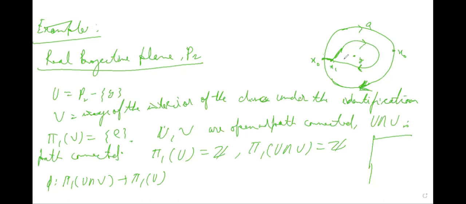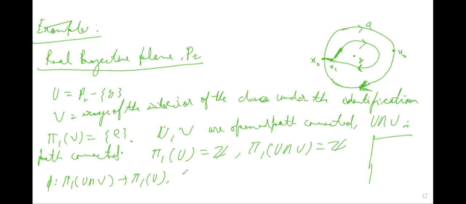So if the class of this loop A is given by alpha, then the class of this loop will be mapped to alpha square, because it goes twice.